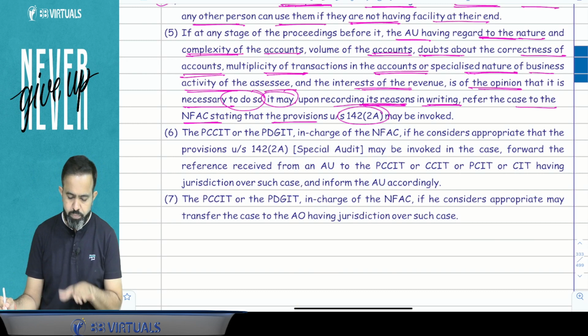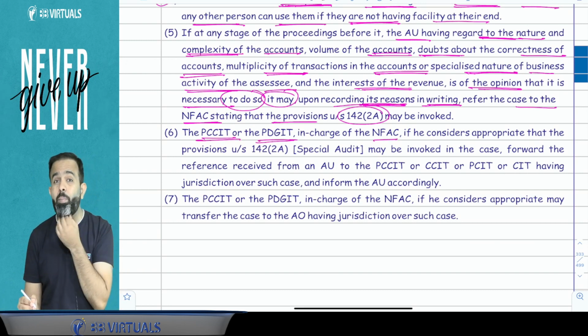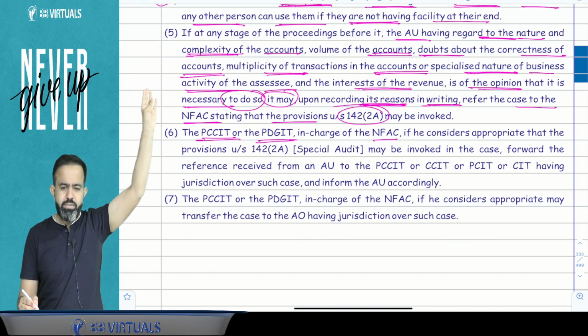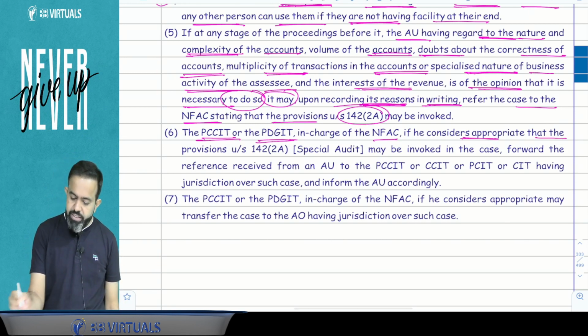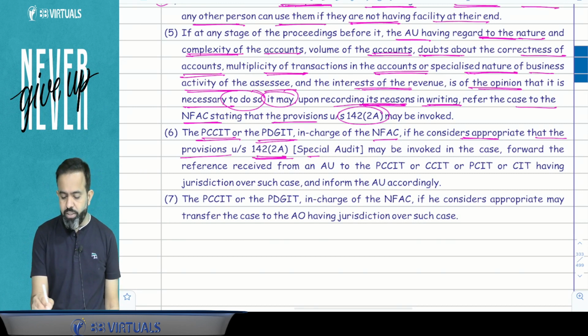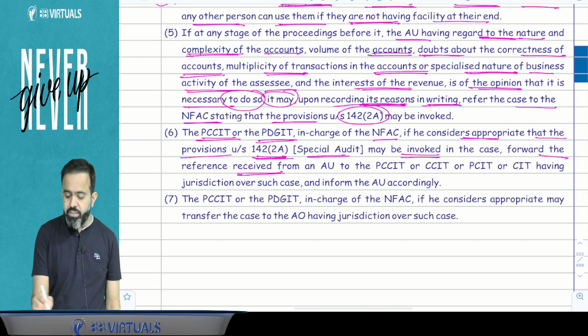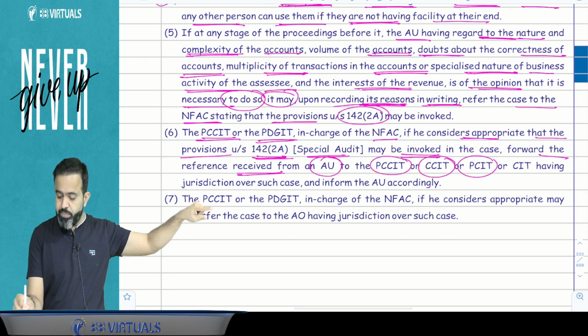Now, the PCCIT or PDGIT in charge of the NFAC, meaning who manages the NFAC? NFAC is managed by the highest level officer, that is the PCCIT or PDGIT. So they are in charge of NFAC. If he considers it appropriate that the provision of section 142(2)(a), that is a special audit, may be invoked in the case, he will forward the reference received from the assessment unit to the jurisdictional PCCIT, CCIT, PCIT or CIT having jurisdiction over such case and inform the assessment unit accordingly.